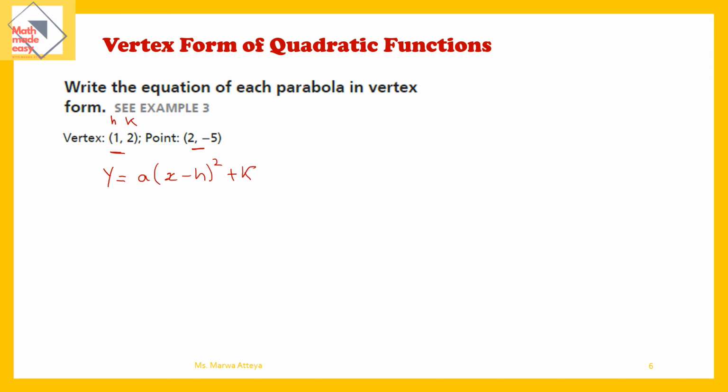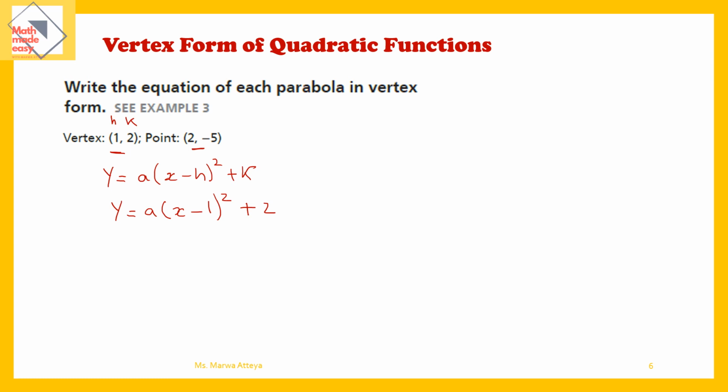Now let's substitute for the values of h and k. So I have y equals a multiplied by (x - 1), I just substitute and leave the signs as they are, squared plus 2. So what did we do here? We just substituted. My problem is how to find the value of a. Now I do have a point.